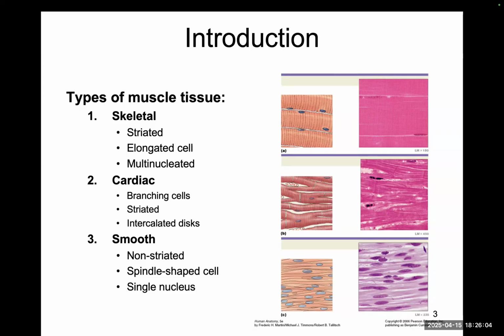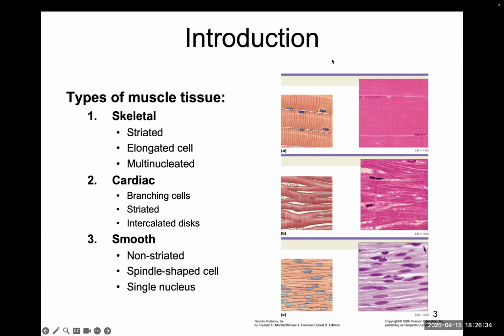We'll look at these muscles in more detail because you're going to be spending a lot of time looking at them under the microscope. So I'm not going to go into the little micro details right now. But we'll go over how you can tell the difference between skeletal, cardiac and smooth muscle in the lecture, and then we'll do more in the lab. But the first thing we need to do is talk about how skeletal muscle is different compared to the other ones.